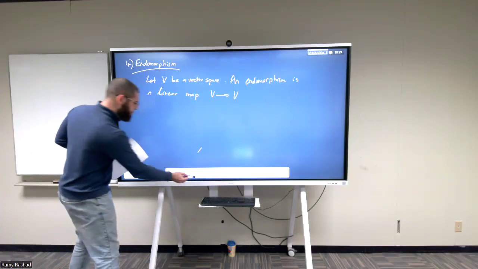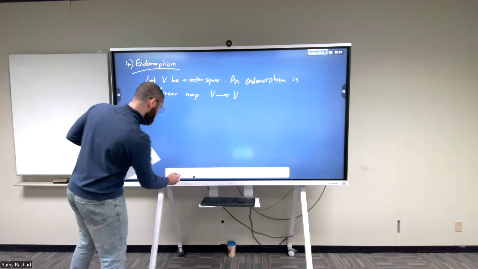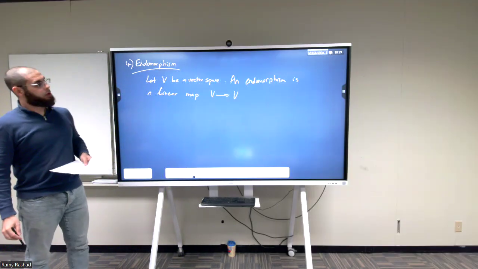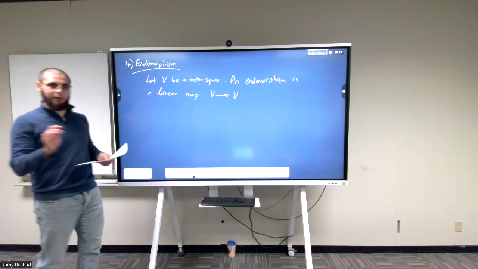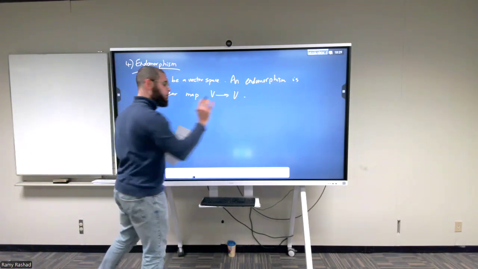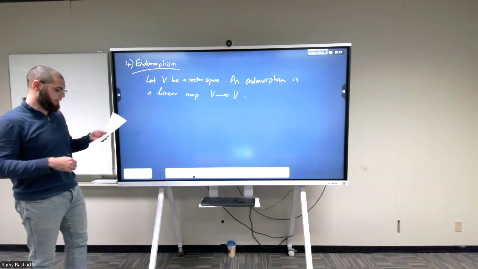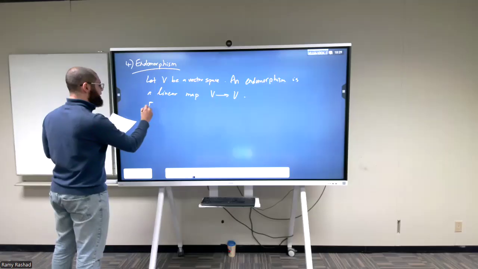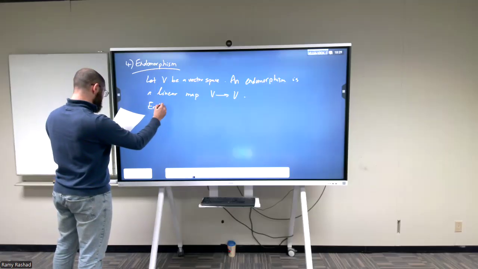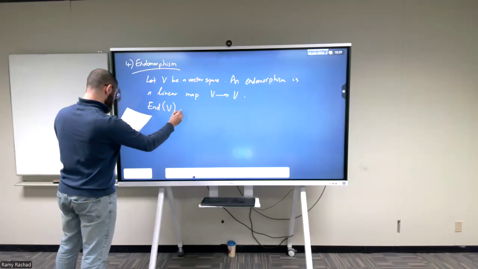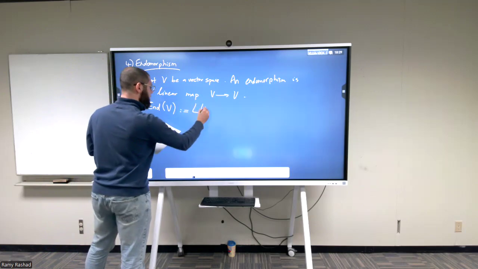Closure, you have to be very careful with just using this. Intuitively, yes, I ate an element and I stay in the same set. And we can define the set of all endomorphisms with this symbol, and it's simply L of V.